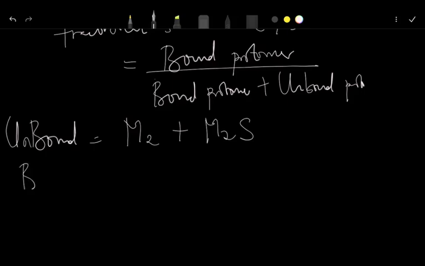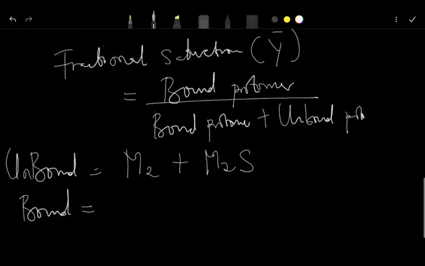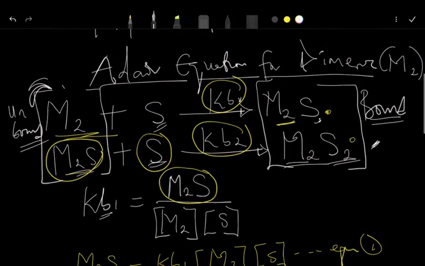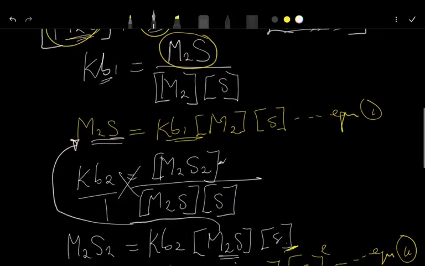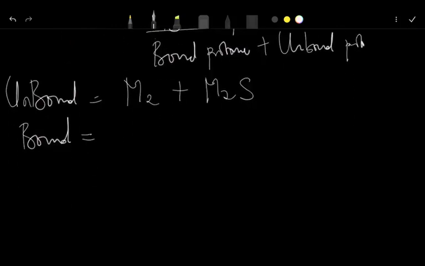How about my bound? Come back to this. My bound will be what? M2S plus M2S2. So it will be M2S plus M2S2.